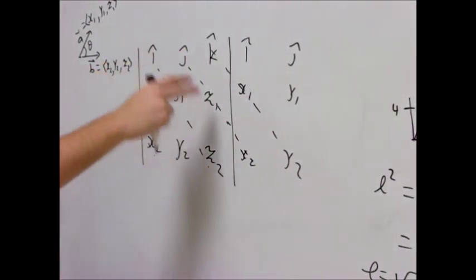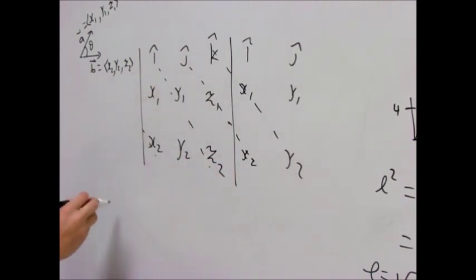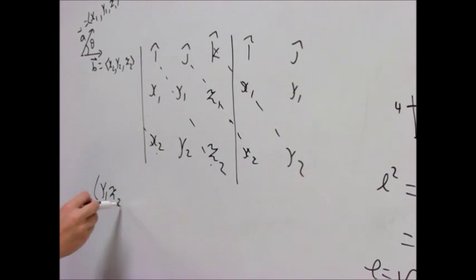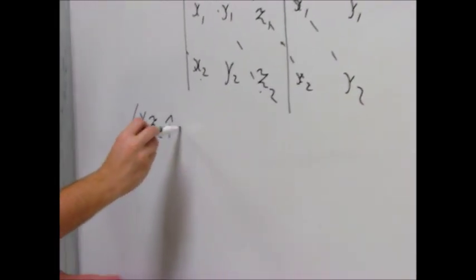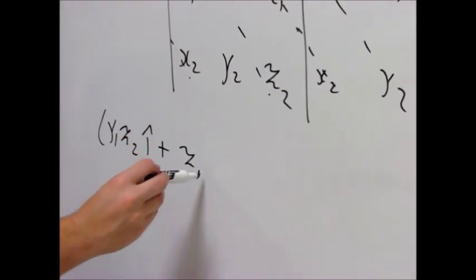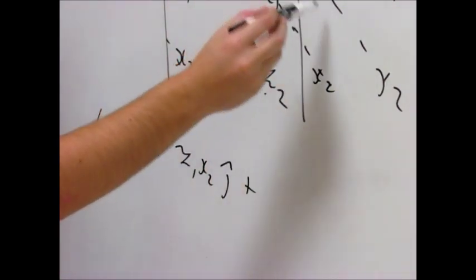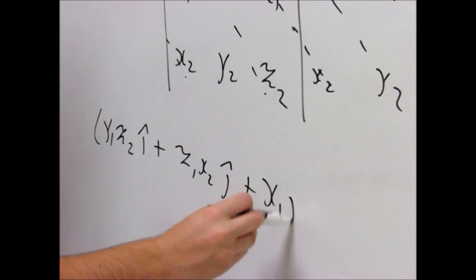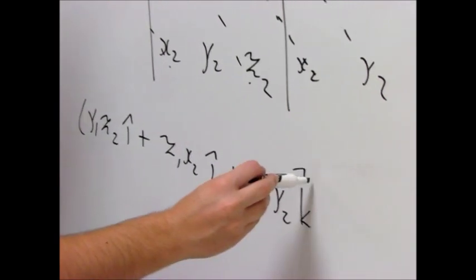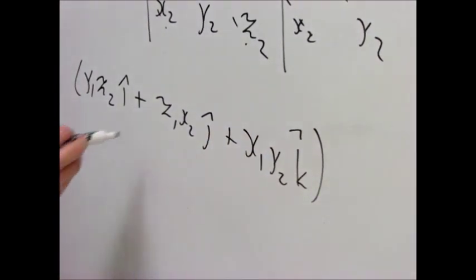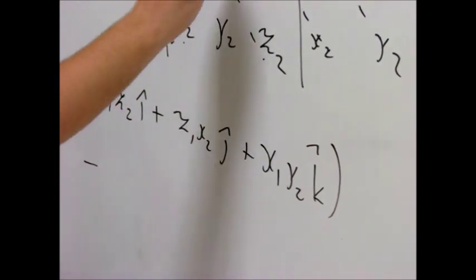So you multiply the main diagonals and add them together. So that would be y1 z2 i plus z1 x2 j plus x1 y2 k, and minus the off diagonals.